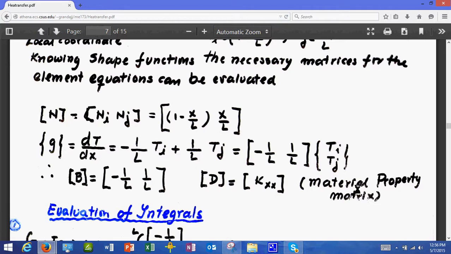They are all based on the nodes, on the coordinates of the nodes. Okay, you have this n sub i and n sub j, and then we have the direction cosines here, and we call the material property matrix.